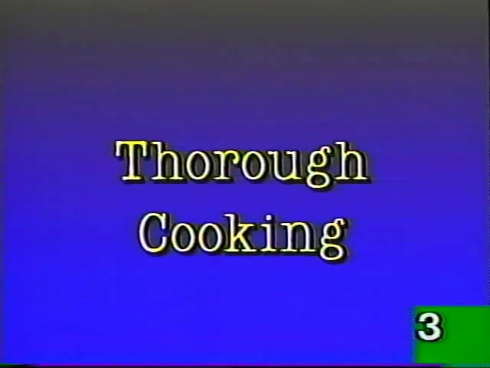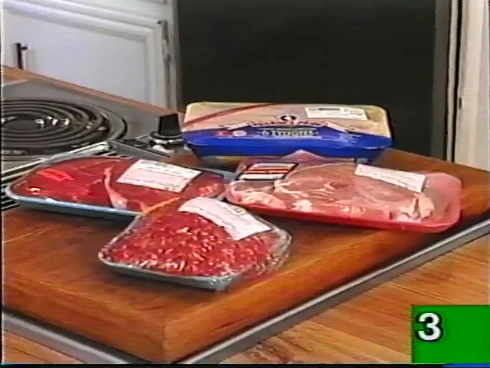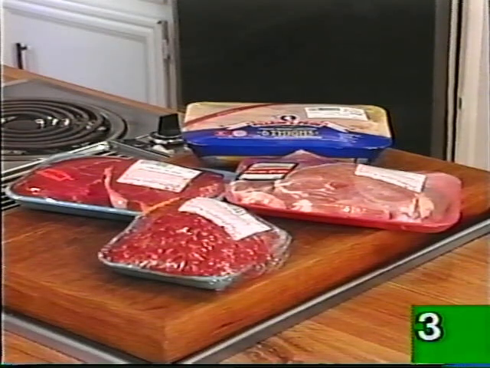I think probably another issue that's of interest these days, to both people in food service and people at home, is thorough cooking of foods. We have to assume that all raw meat products or fish products contain pathogens. We must make that assumption.